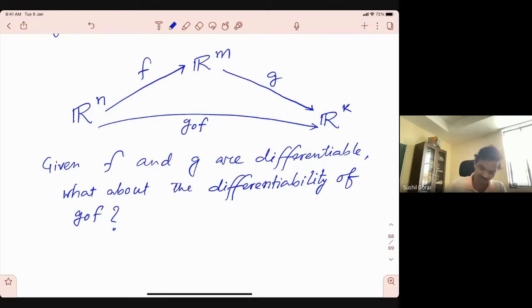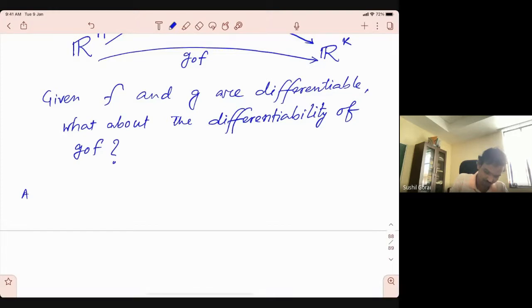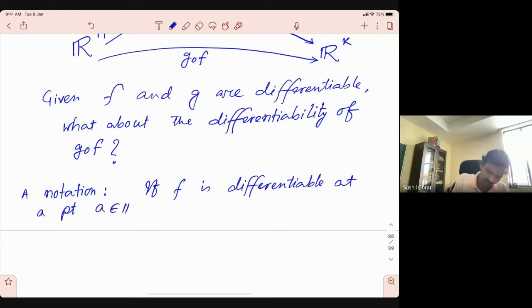So a notation. If f is differentiable at a point a in Rn, then the derivative, which is the linear transformation, is denoted by df at a.